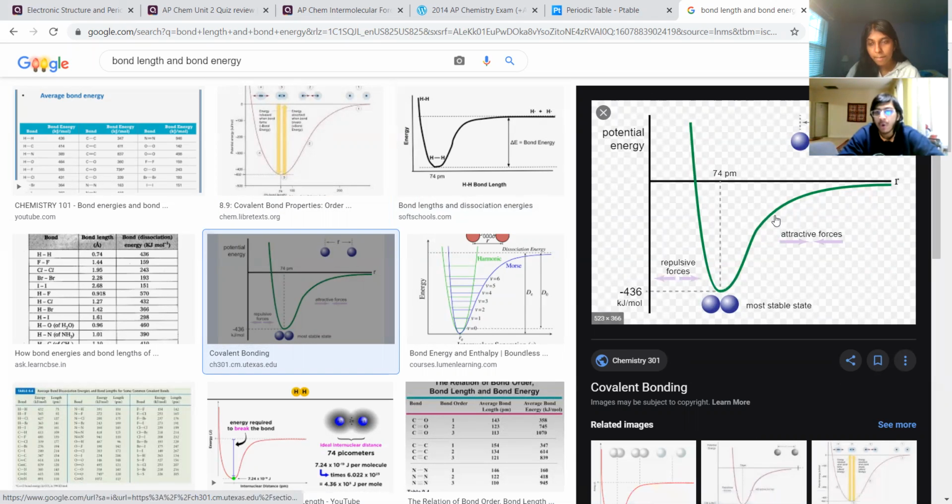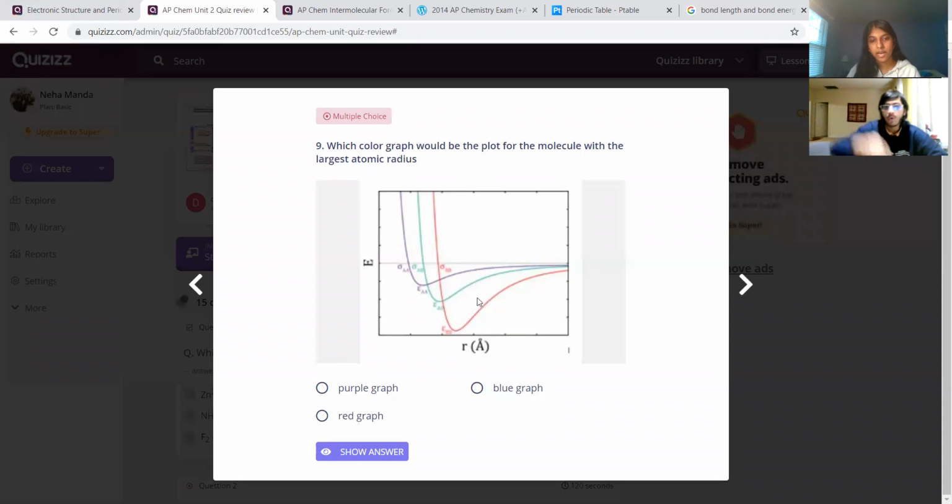So it's in its most stable state, meaning it's bonded, when the potential energy is lowest. Meaning the more that valley, the more that local minimum is shifted to the right, the more... I mean, sorry, hold on. I think it would be the red one. The red one too. Yeah, okay. Yes.